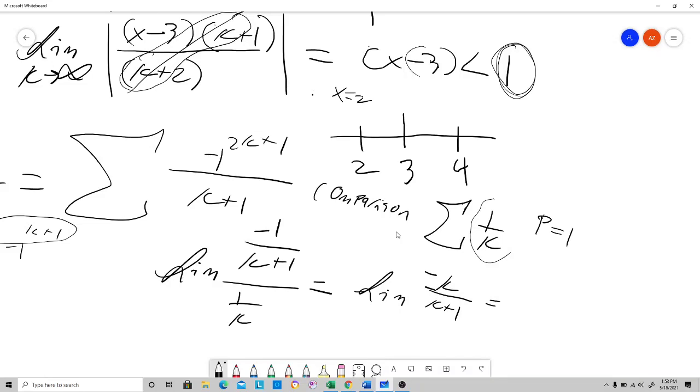And then we see that this value is actually just negative 1, and if it gives us a value, that means this series does diverge. So this one is going to diverge. So we put this little thing right here.